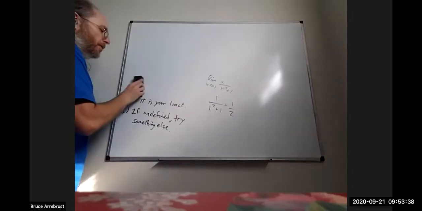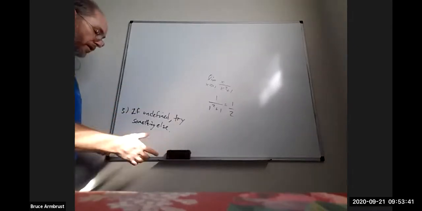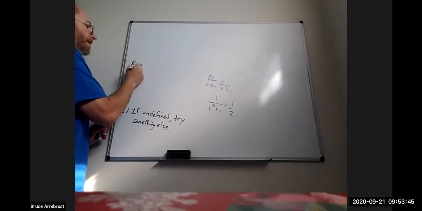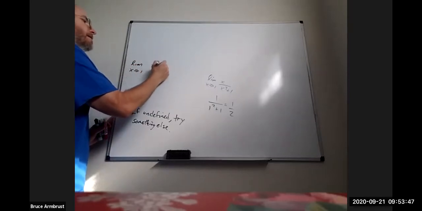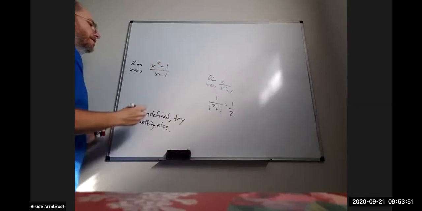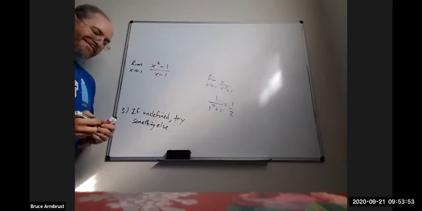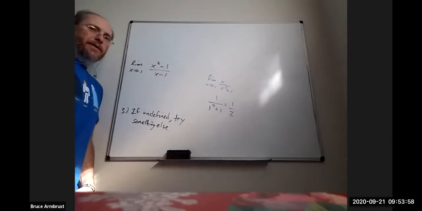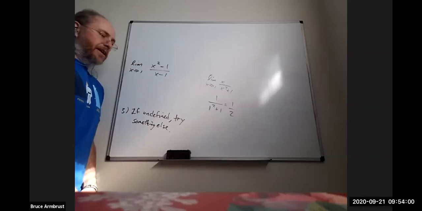So let me show you an example of one where plugging it in doesn't work. So let's look at the limit as x approaches 1 of x squared minus 1 over x minus 1. I think this is one we did the other day.